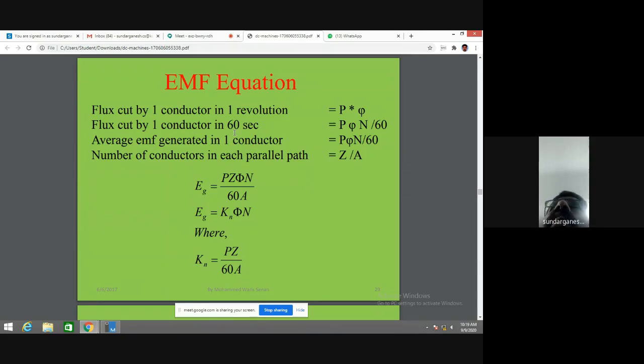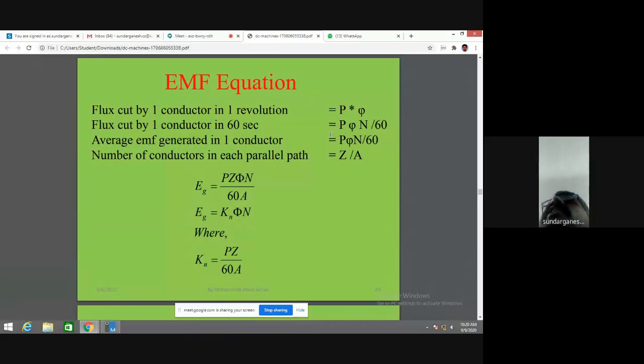Next we take the flux cut by the conductor in 60 seconds, so you multiply by N by 60, where N is the speed. So you get P pi N by 60. This is the average EMF generated in a single conductor.